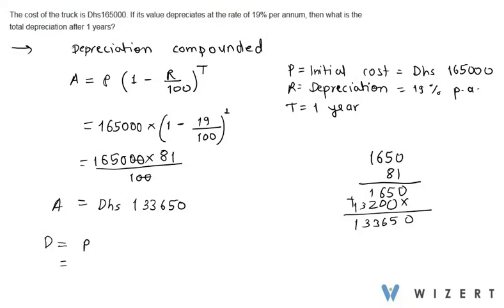So we'll have to subtract the final amount from the initial cost, which is 1,65,000 minus 1,33,650, which is equal to, let's see, 10 minus 5 is 5, 10 minus 7 is 3, 5 minus 4 is 1, 6 minus 3 is 3, 1 minus 1 is 0. So this is 31,350 dirhams is depreciation. So that's our answer.